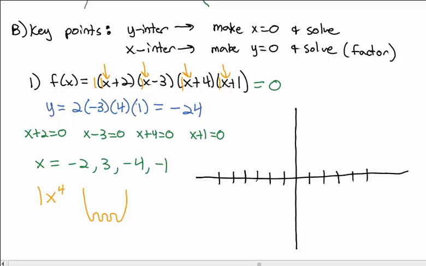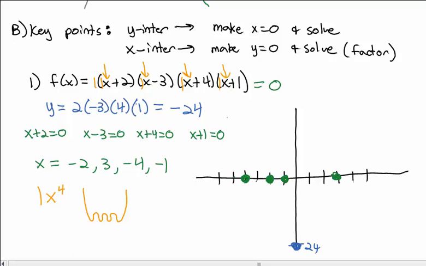So our y-intercept is at negative 24, so I will just label down here negative 24, there it is. Doesn't have to be to scale. The x-intercepts are at negative 2, and 3, and negative 4, and negative 1. So we know the shape.